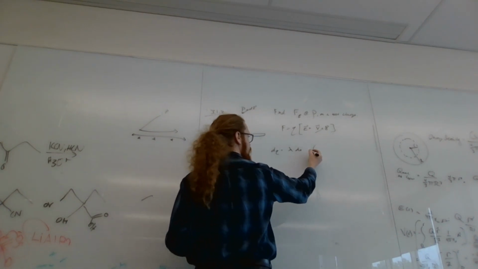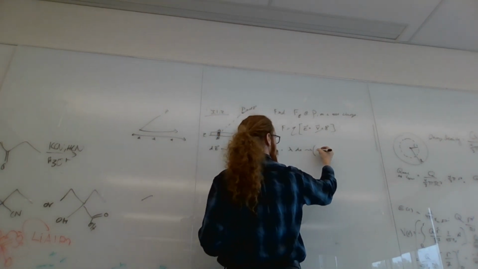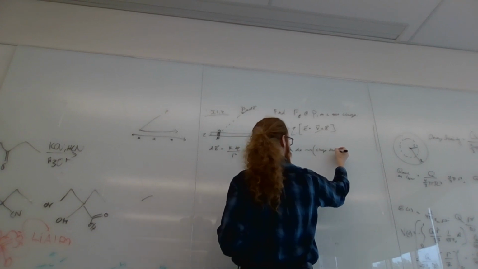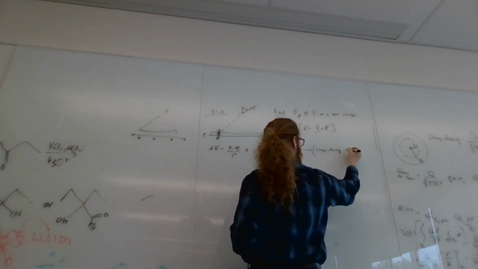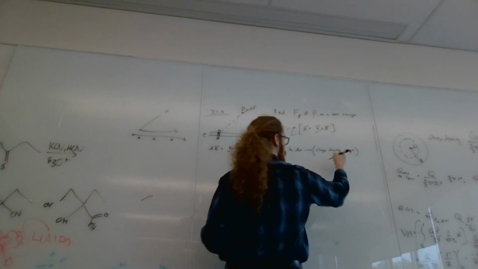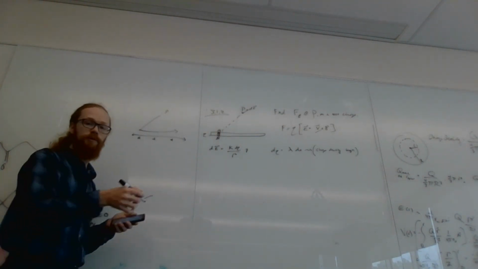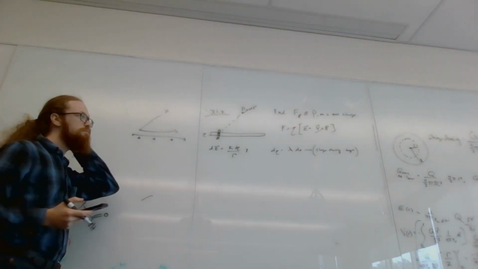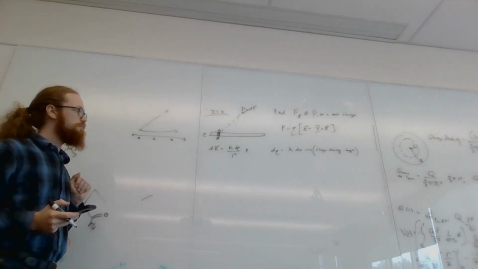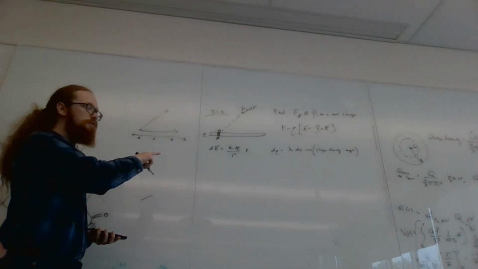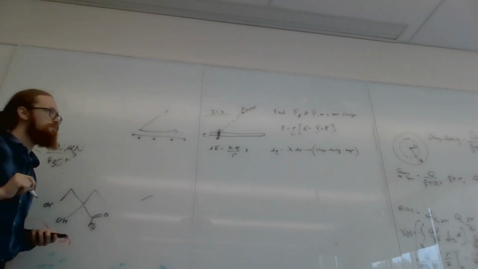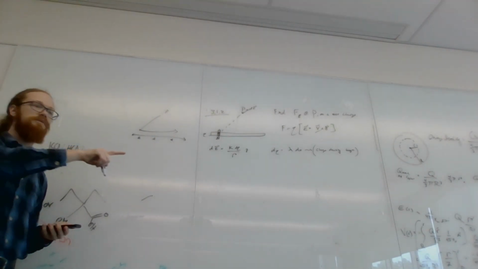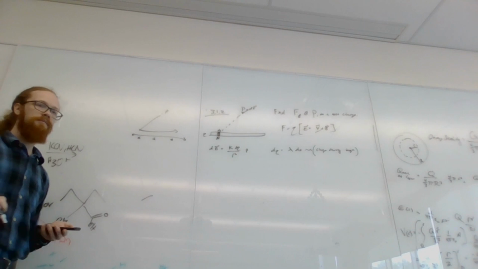This is the charge density times length. That gives total units of charge, because charge per length times length. Notice this is really similar to how we did Gauss's law, where you set up the density times the amount of stuff you're looking at in order to find the total.